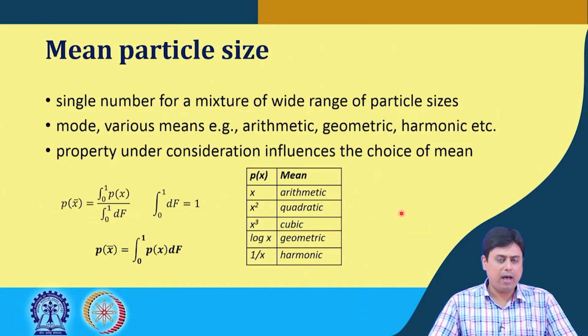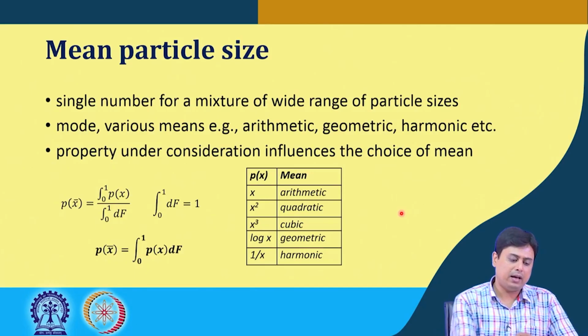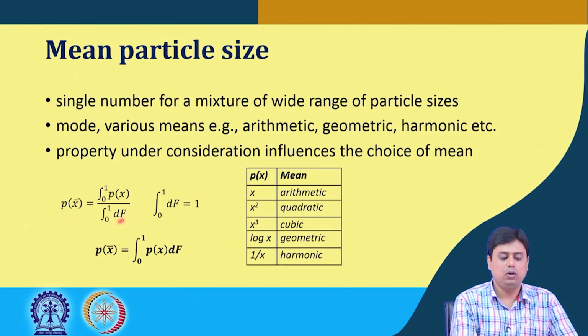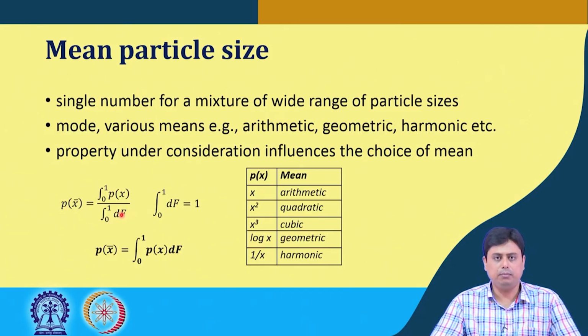Let us say you have a function p(x), and the average value, the mean value, is this one. This mean is basically defined by this formula. This is the definition of the average value of a function. Now, if this p(x) is x, then this definition gives you the formula for the arithmetic mean.